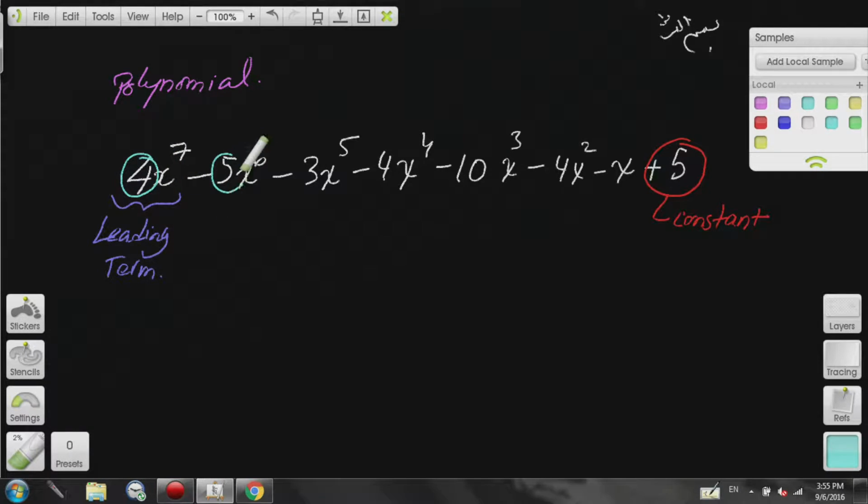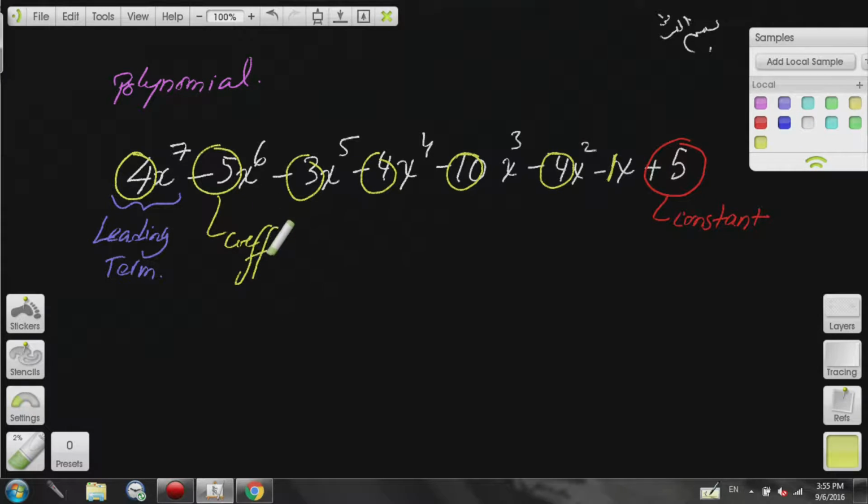And all the numbers that are before the variable, they're called coefficients. So 4, -5, -3, -4, -10. I put a lot of negatives here, didn't I? -4, -1, which is not written. And these are all coefficients. And the coefficient of the leading term, right here, the 4, that's called the leading coefficient. So the coefficient of the leading term.